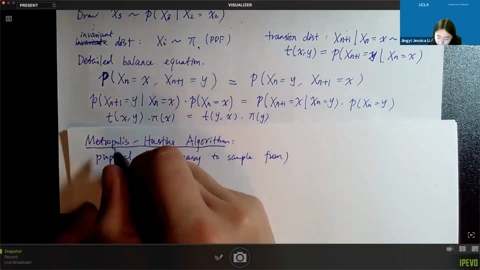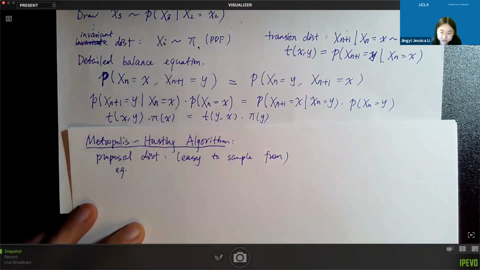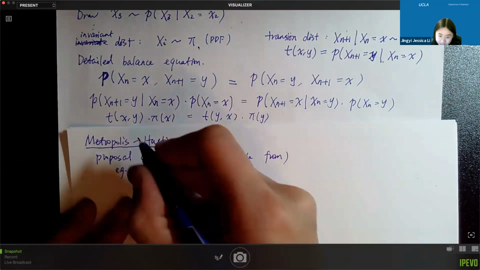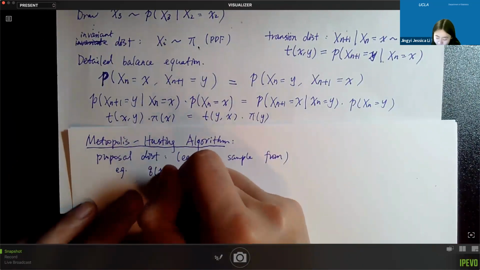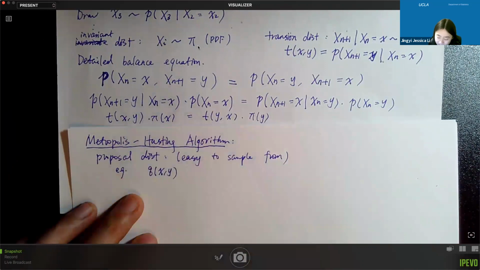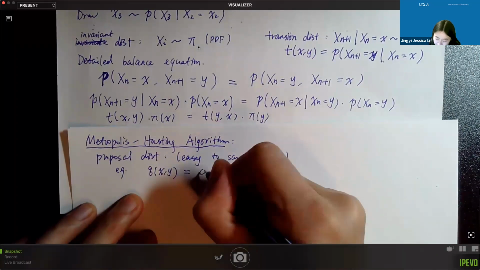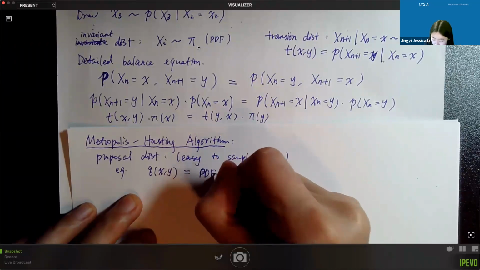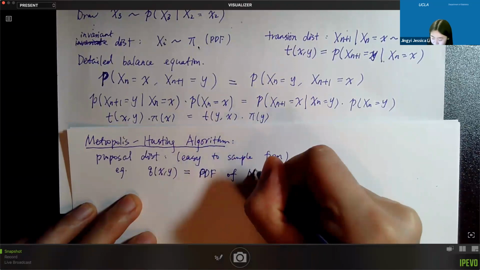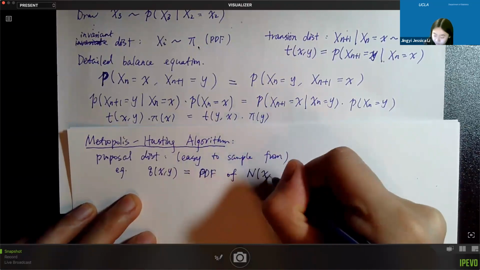So for example, the first thing that comes to our mind is always the normal distribution, right? So we can define this proposal distribution, which we call q(x, y), as the normal density with mean x and standard deviation 1.